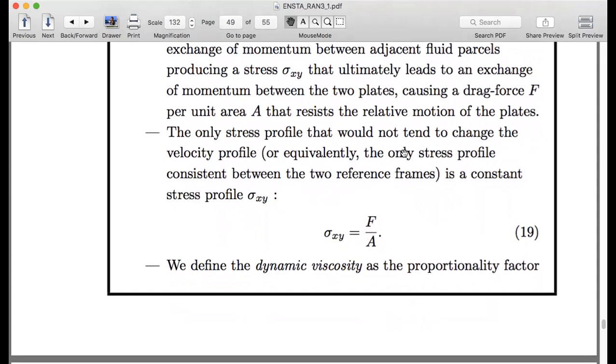And the only stress profile that would not tend to change the velocity profile is a profile in which this component of the stress tensor is a constant, which has to be equal to the force per unit area.